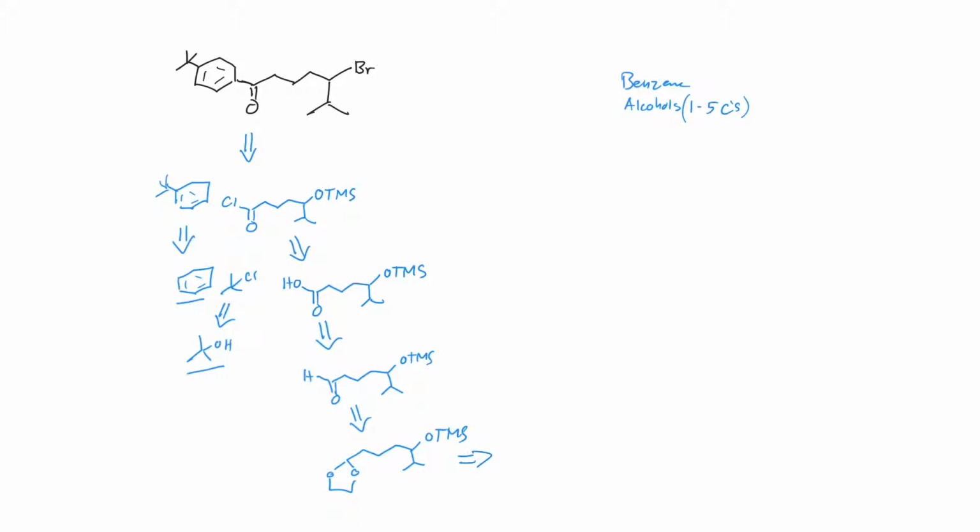I can use my Grignard reagents to make this secondary alcohol, which then gets protected. And I can make this from maybe an alcohol again. Right, this alcohol could have produced the aldehyde that I used, and now I still have an aldehyde on the other side of my chain.